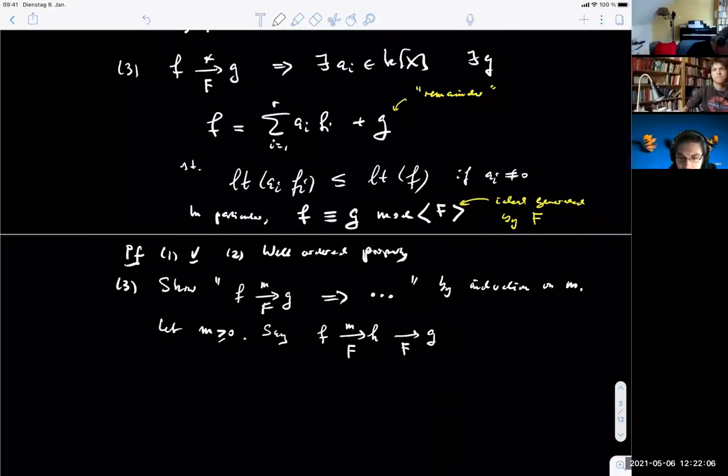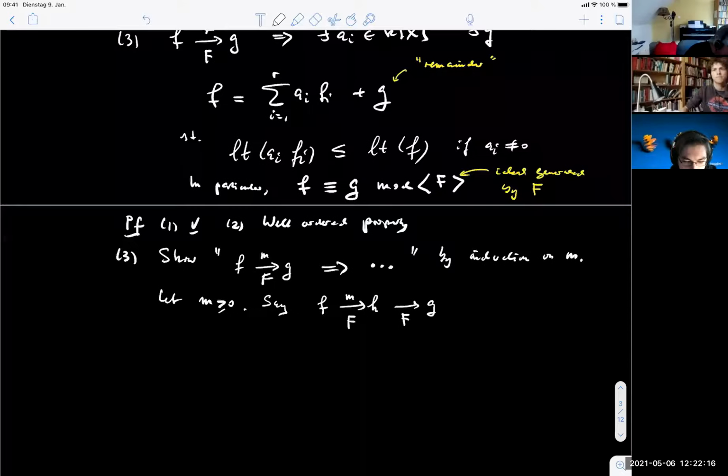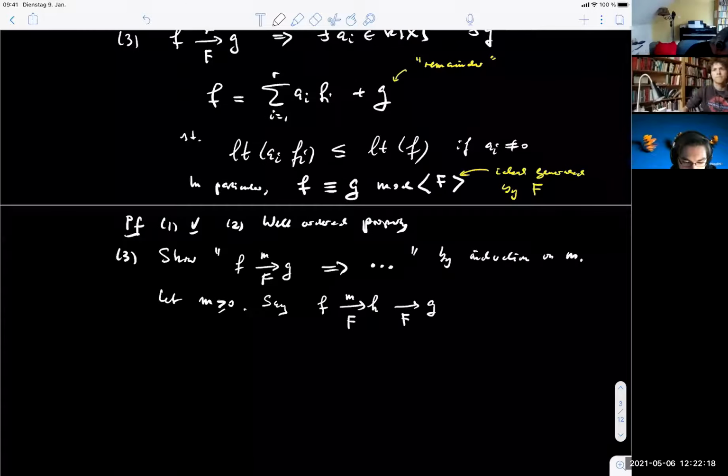So what is important to understand is what happens in this one-step reduction. What happens here, we know by induction hypothesis. So let's look at this. Actually, I explained the one-step reduction before, so I think I write it this way.